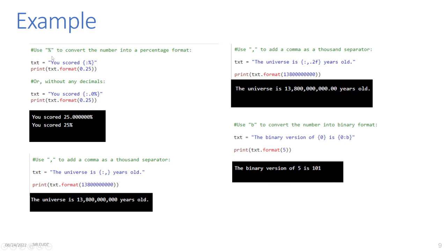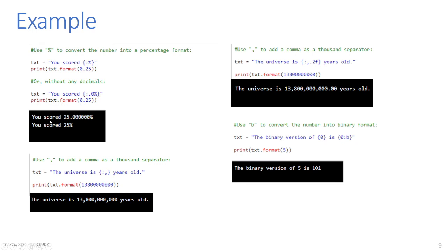Let's say, to use a percent example, text equals you scored percent. So print txt dot format 25.25. That's without decimal, and this one is with decimal places, so 0.0 txt. So again, percent, so we print the same value.